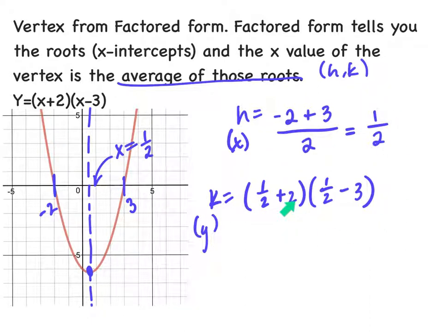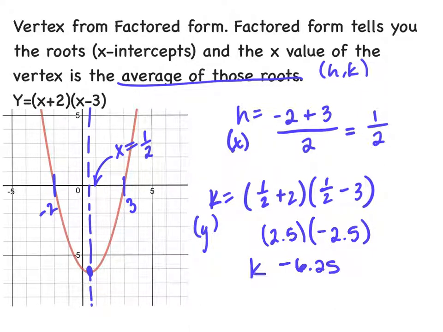So 1/2 plus 2 is 2.5. And then 1/2 minus 3 is going to be -2.5. And then to multiply those out is -6.25. And that is my k value.